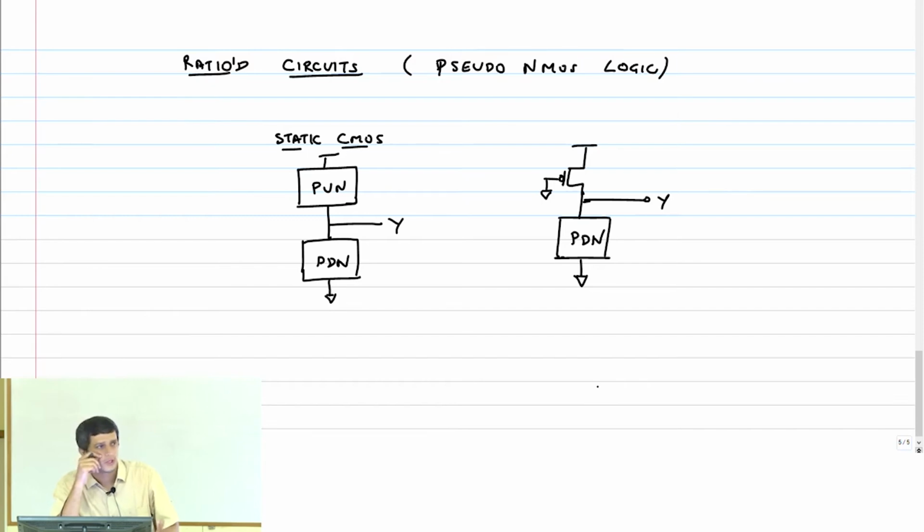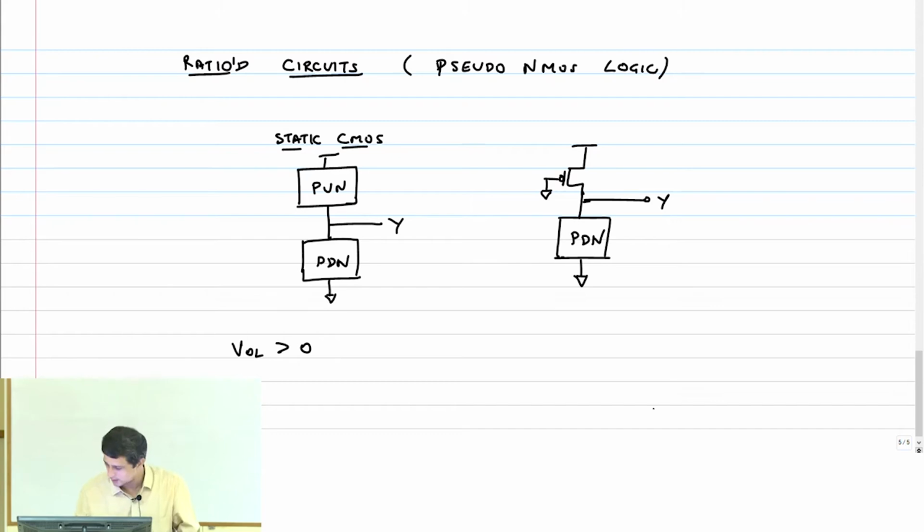No, it can't go all the way to 0, because I have a fight between the PMOS transistor and the NMOS stack. So the output Y, VOL, is going to be greater than 0 in this pseudo NMOS logic. We will first calculate what that is.